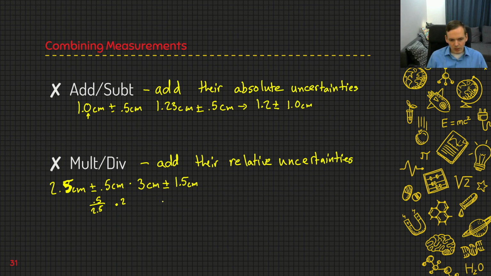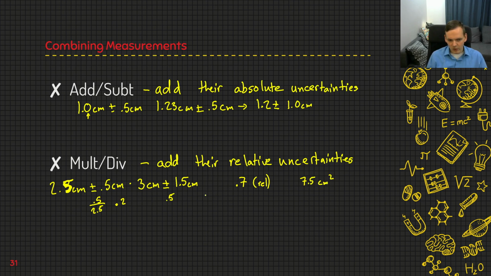And this one will give me 0.5. So the relative uncertainty should be 0.7. And then if I actually multiply these two numbers together, 2.5 times 3 will give me 7.5 centimeters squared.